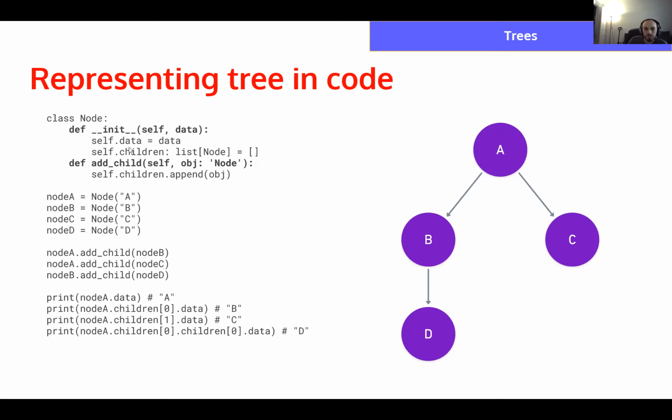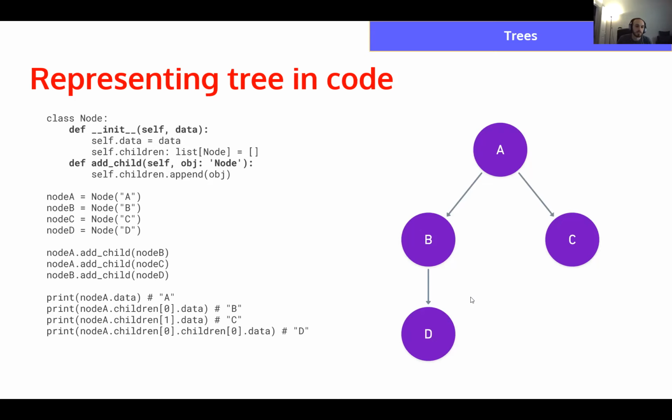So to create a node, we just pass it in some data, that's its value. And then we have this add child method that creates a parent-child relationship. So if we have these 4 nodes here, A, B, C, and D, we can add B as a child of A, add C as a child of A, and add D as a child of B to get what we have represented over here.